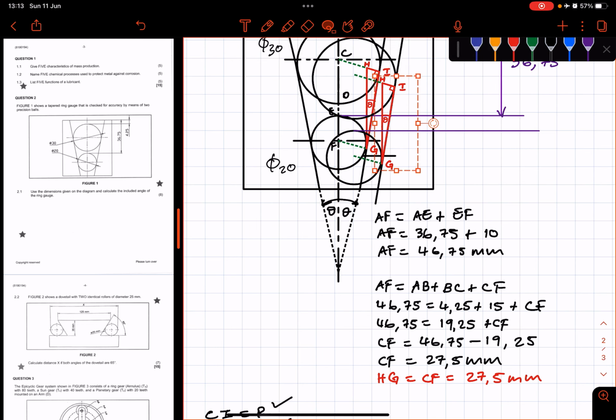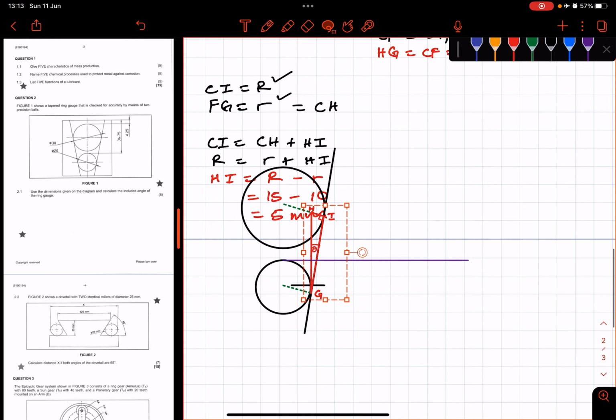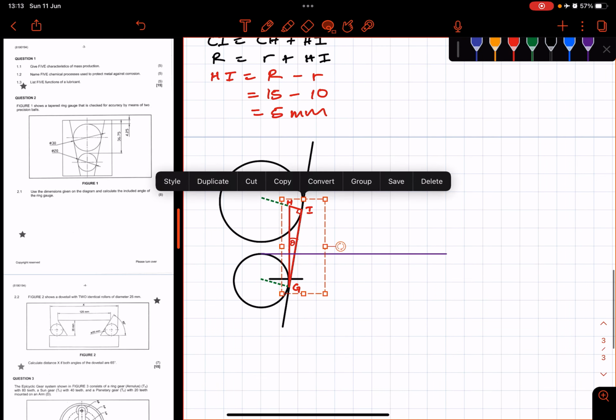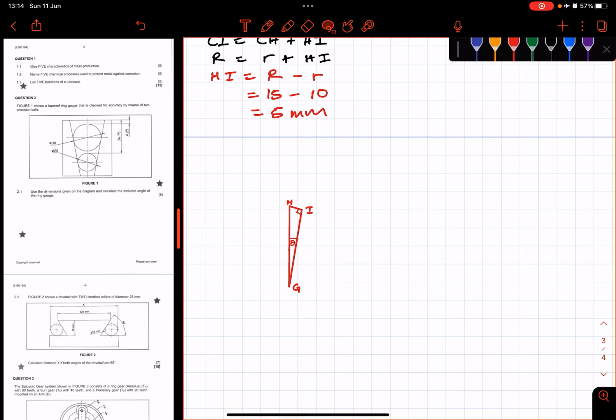Remember what it is that we are looking for. So we have this triangle.